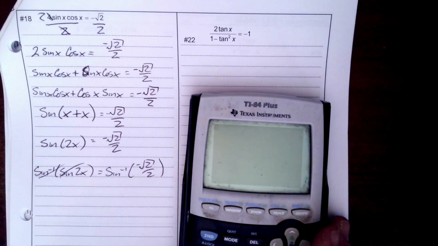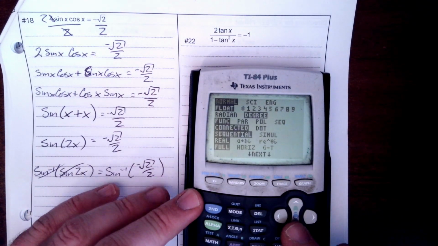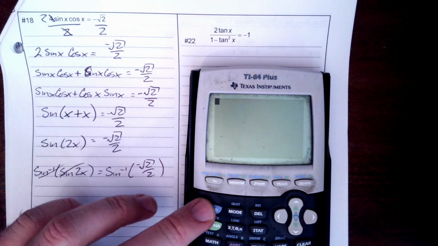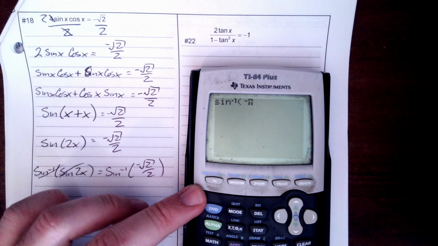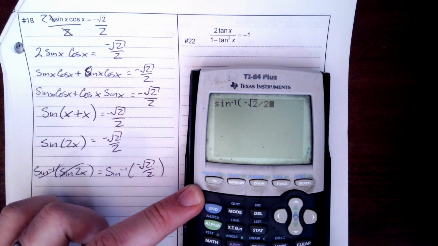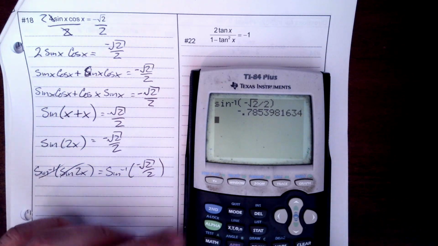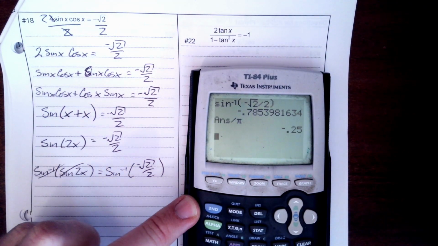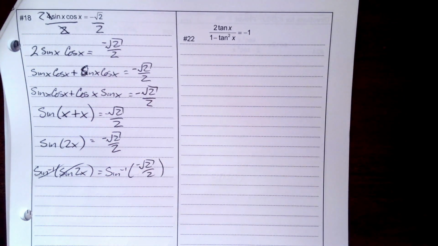So let's see what the principal value is in radian mode. Let's change our mode to radian for this one, and take the sine inverse of negative root 2 over 2. That doesn't really help me. What if I divide that by pi? That's negative pi over 4.